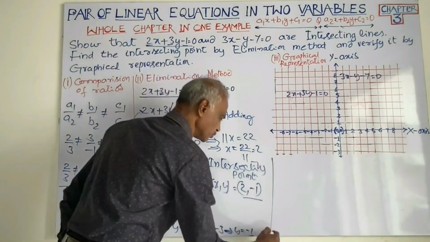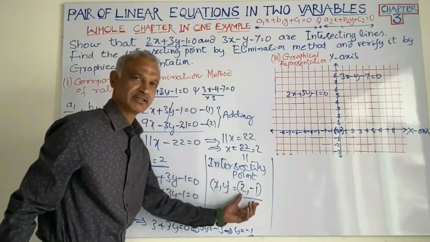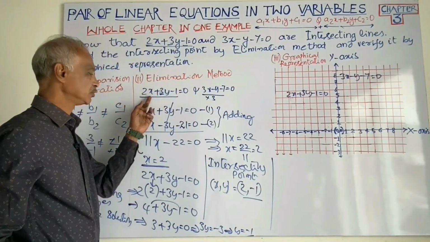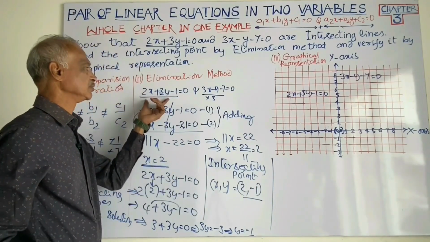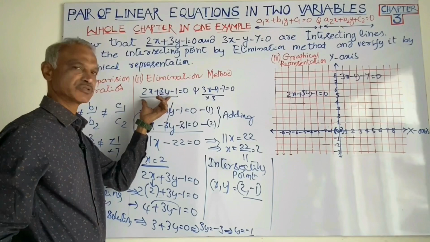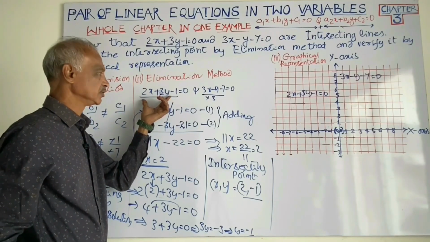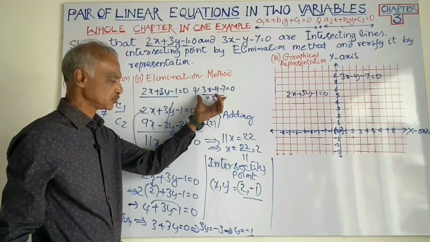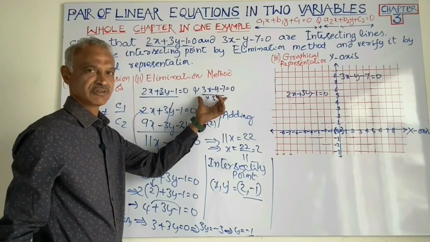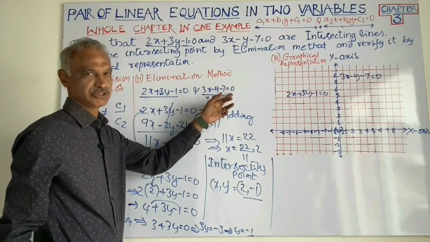If you substitute 2 in place of x and minus 1 in place of y, you will get 0 in the LHS. And also, if you substitute 2 and minus 1 in this equation, you will get 0.